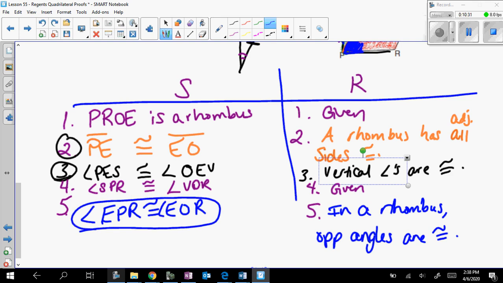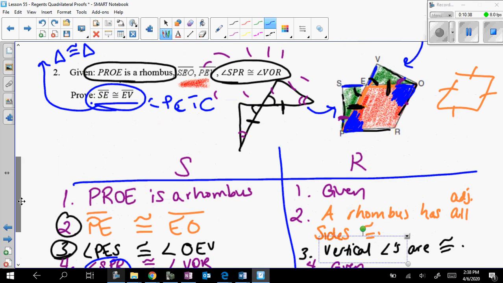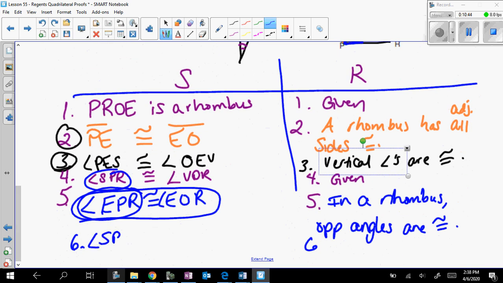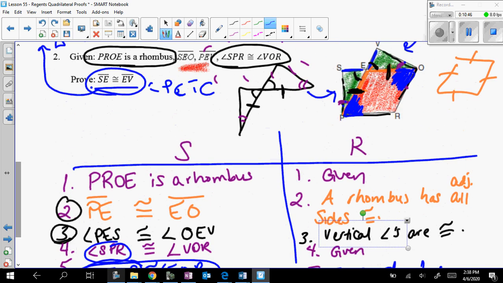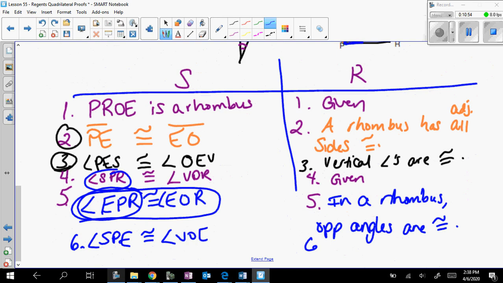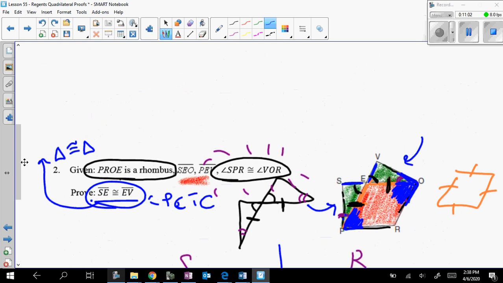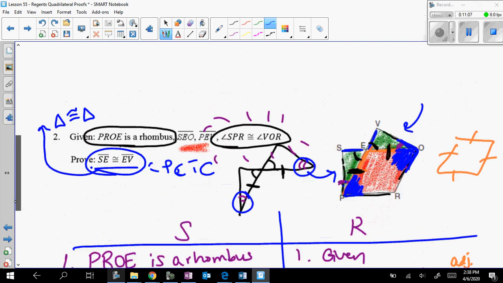So that takes care of knowing if they're congruent. Now let's do some subtraction. The big angle minus that gives us the little piece in the corner, angle SPE. And how about this big angle out here? Take away the blue chunk and what's left over is angle VOE. And that's subtraction postulate. The whole purpose of subtraction postulate was to get the smaller angles that belong to just the triangles and not the rhombus.